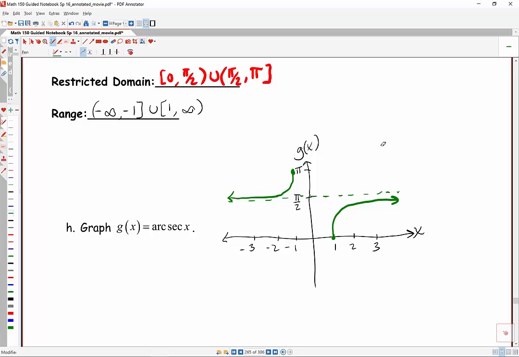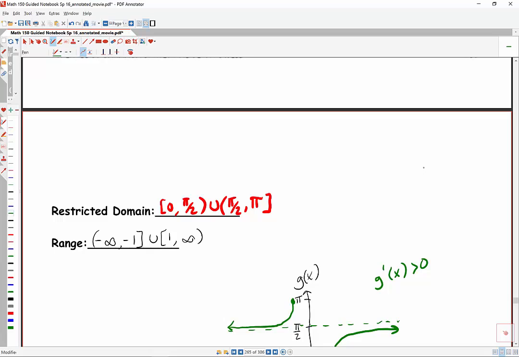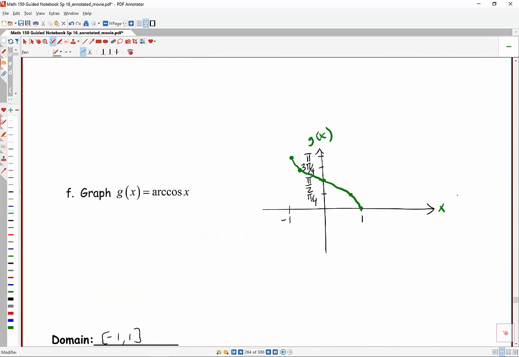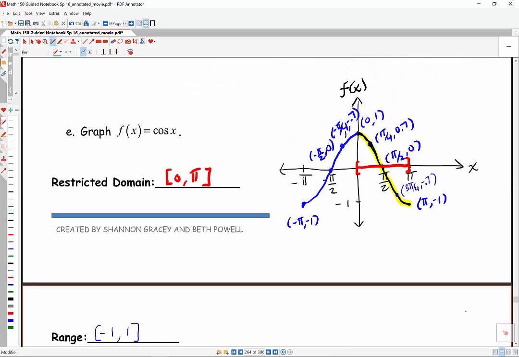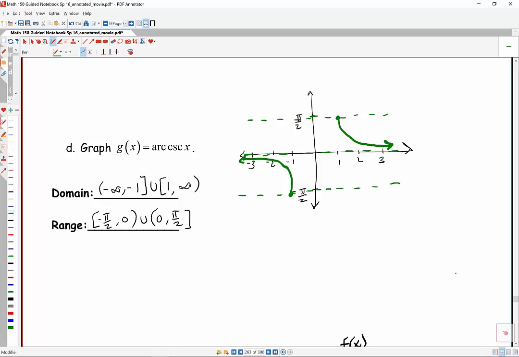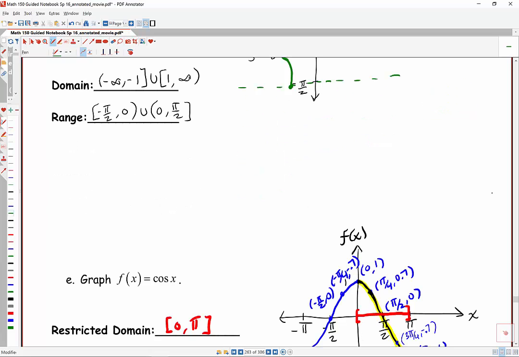You'd always have a positive tangent line. So g prime at x is always greater than 0. Whereas over here, in the arc cosecant, do you see that it's always going to be negative? This g prime at x is always less than 0. So keep that in mind for later in the lecture.